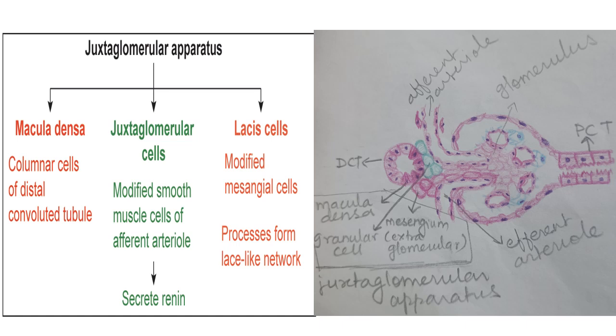They form a network, and these cells show receptors for angiotensin II, and they regulate the glomerular filtration rate. And the Polkissen or the cushion is a triangular area between the macula densa and the afferent and efferent arteriole. It is occupied by a group of mesangial cells forming the Polkissen. Polkissen means cushion.